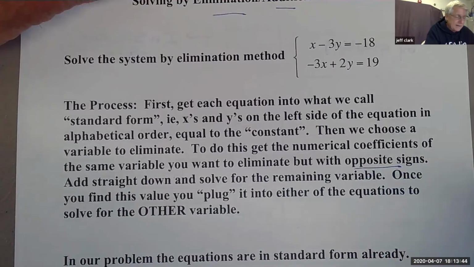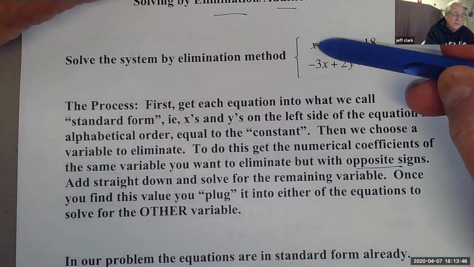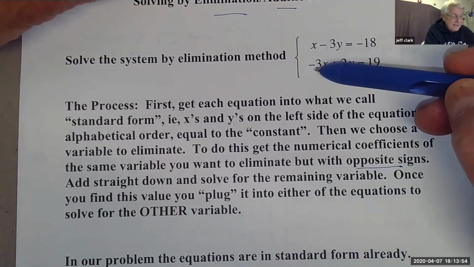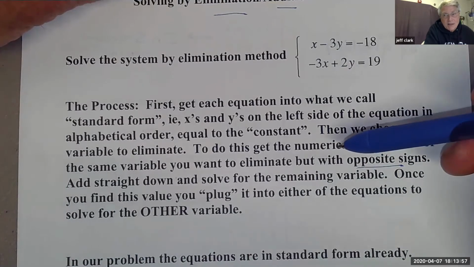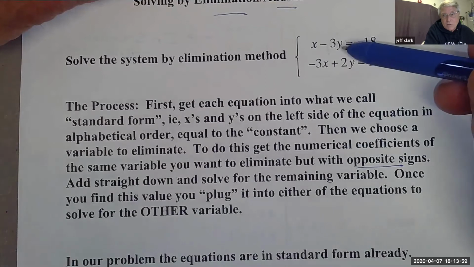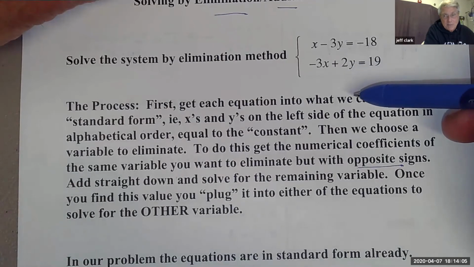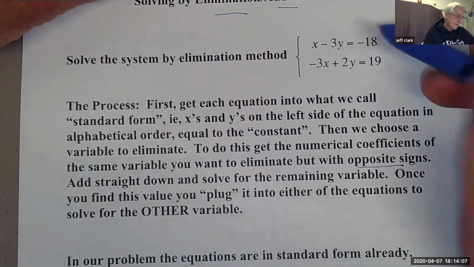What's the numerical coefficient of this one? 1, and this was -3. Well, they're not the same. We want them to be the same with opposite signs. Now, they already have opposite signs, but they're not the same number. Likewise with the y's, they're opposite signs, but not the same number. But we're going to create the same number. I'll show you how to do that.